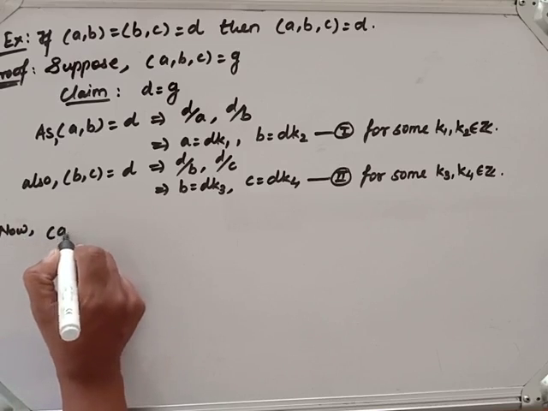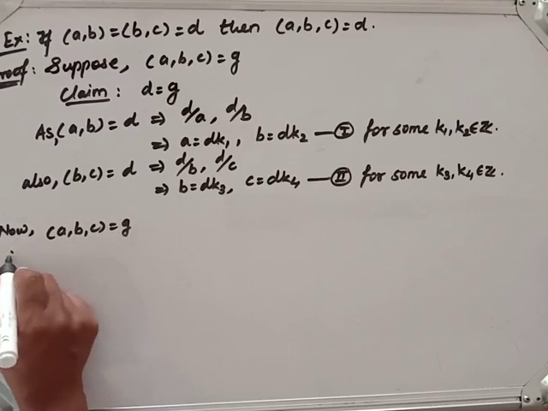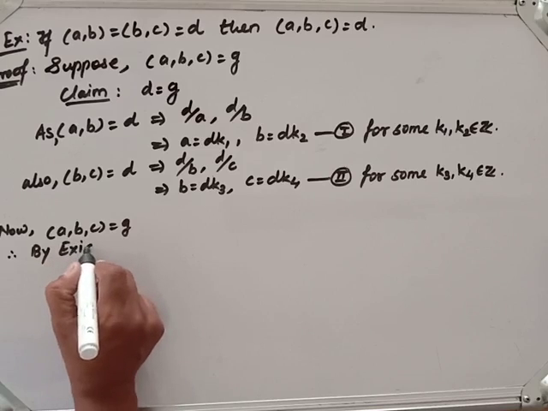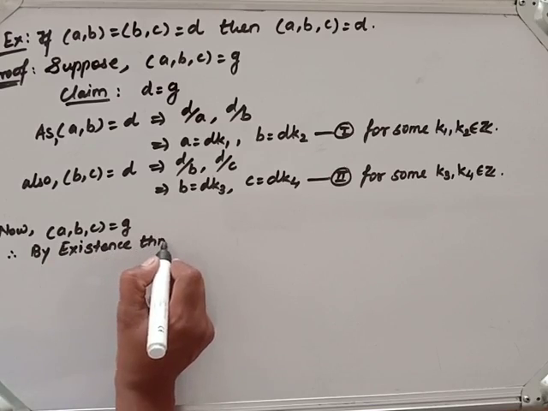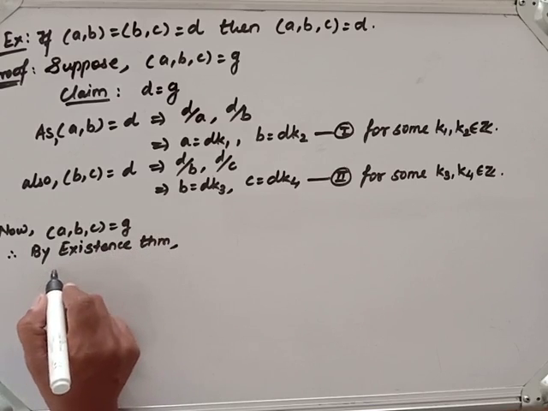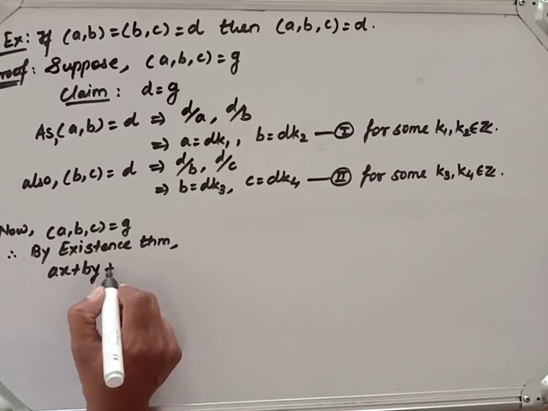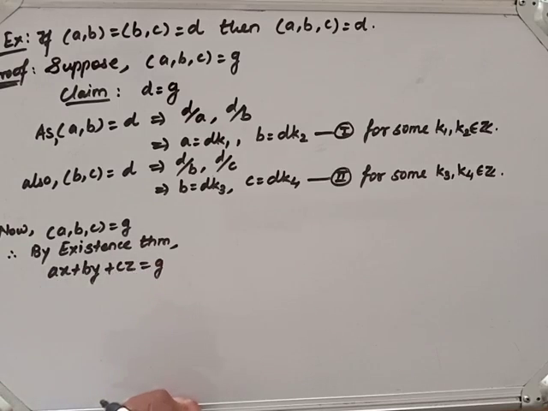Now what we have assumed, the GCD of A, B, C is G. Therefore, by the existence theorem, we get AX plus BY plus CZ is equal to G. Fine.